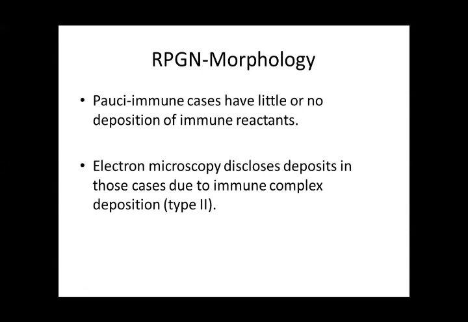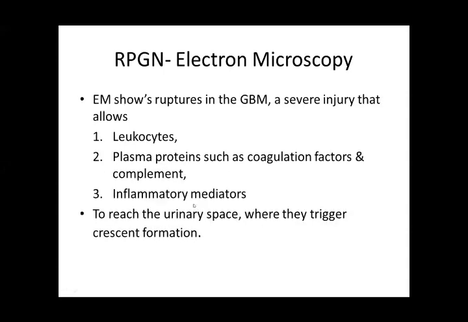Electron microscopy shows deposits in immune complex type. It also shows that eventually the glomerular basement membrane ruptures in severe injuries. Do you know that the GBM can rupture as well, particularly in rapidly progressive glomerulonephritis?